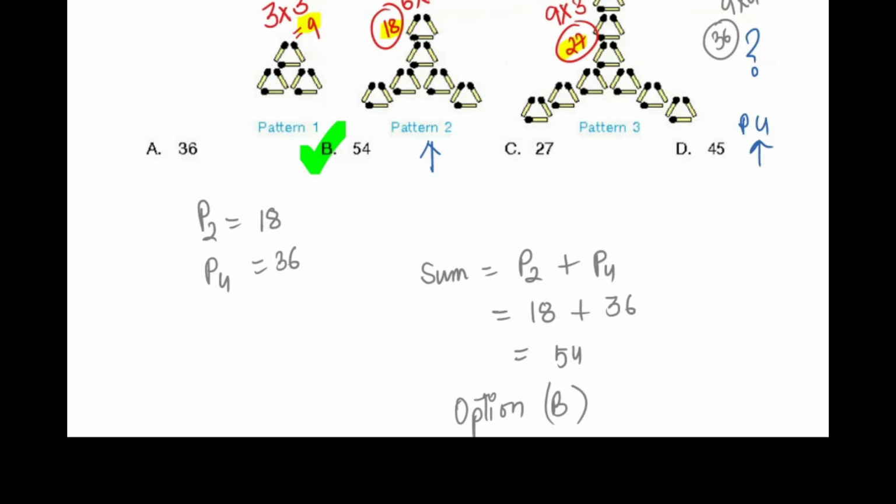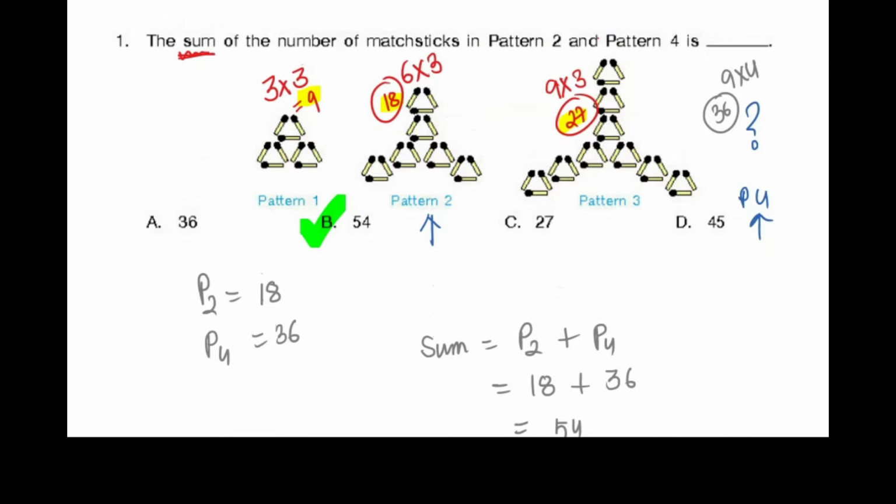Now, what is the common mistake you could make? After finding the value of pattern 4 here, you have got 36 and you will directly select this option. But the question is asking about sum.